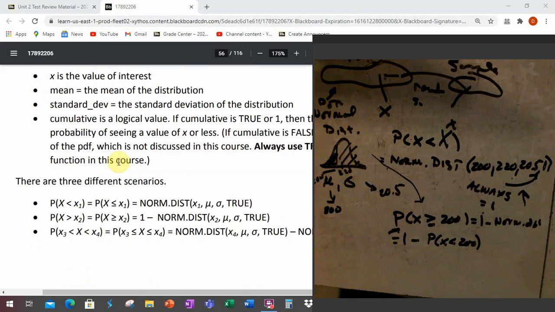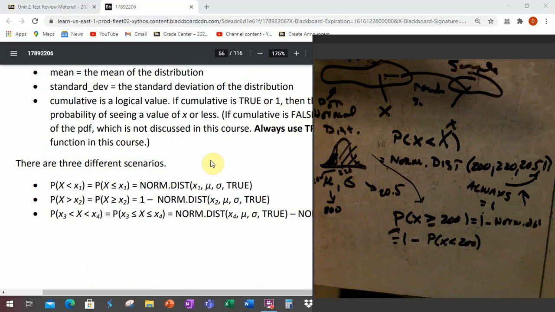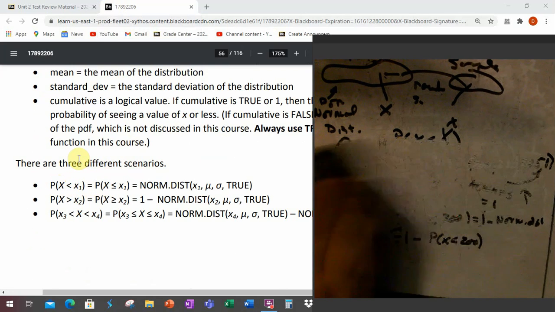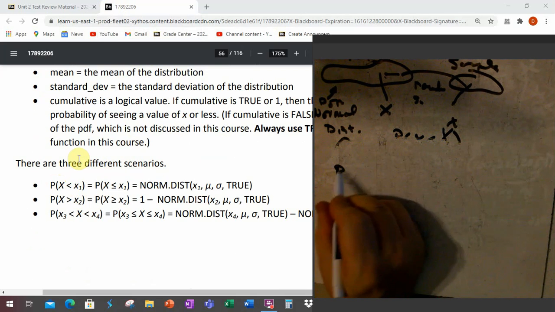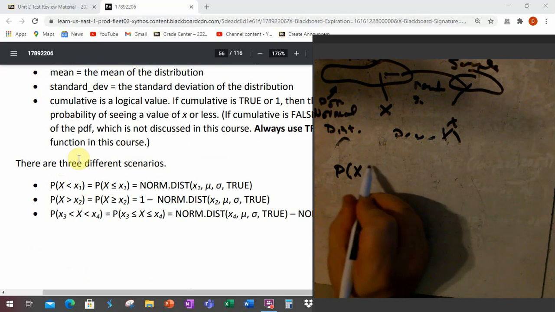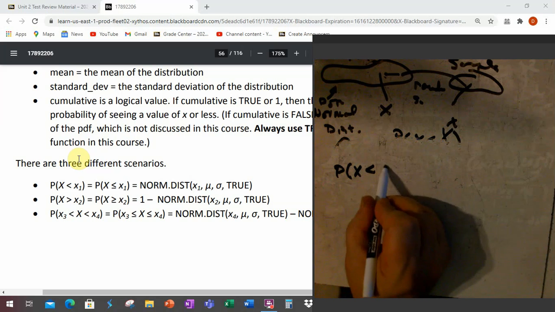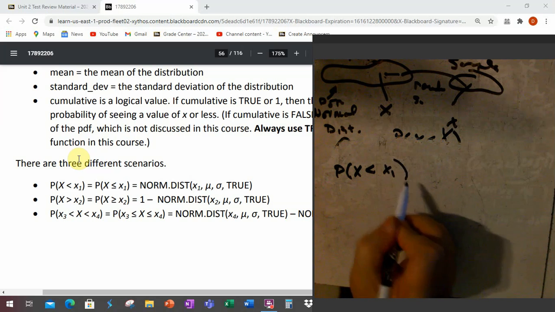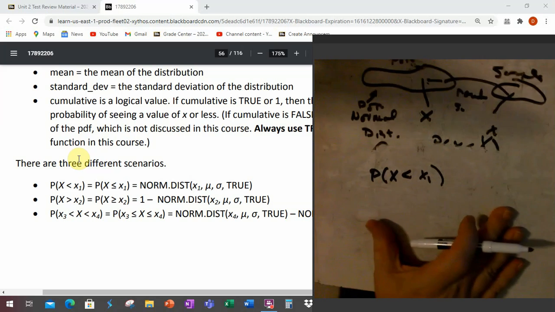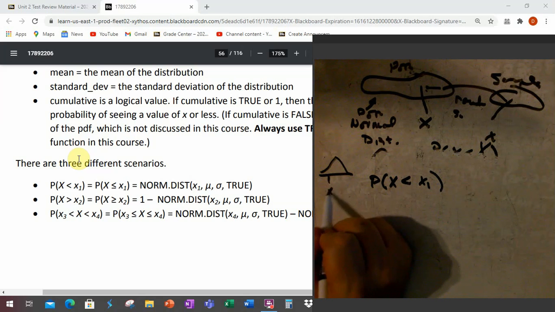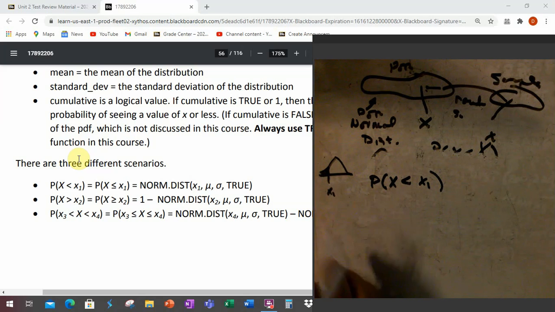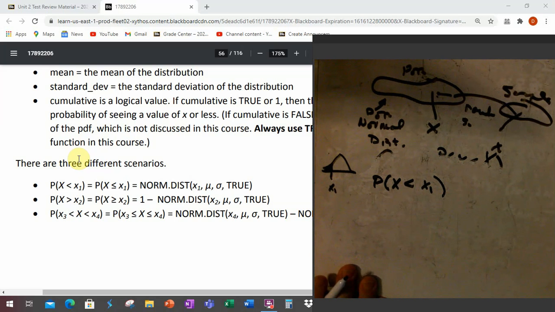Here there are 3 different scenarios that you're going to do. Here's the fundamental one, and it tells you this, the probability that the number is less than some value, they just use an x1. That's that fundamental that I give to you. Okay, so that's this kind of situation. I got an x1. I want the probability to the left. Okay.